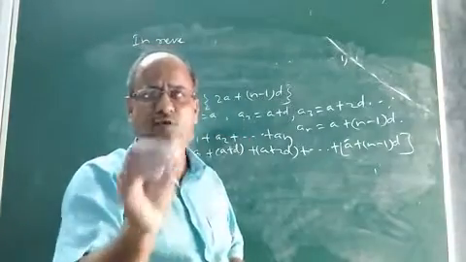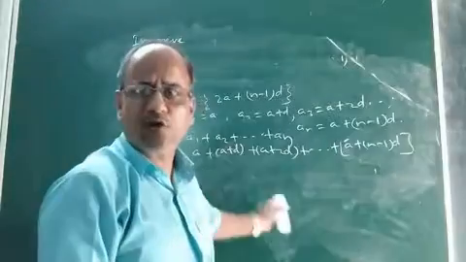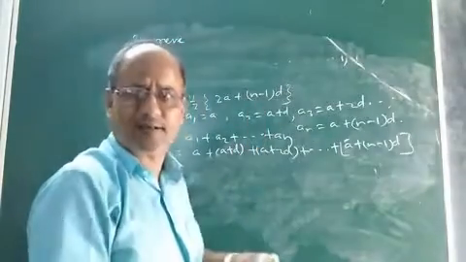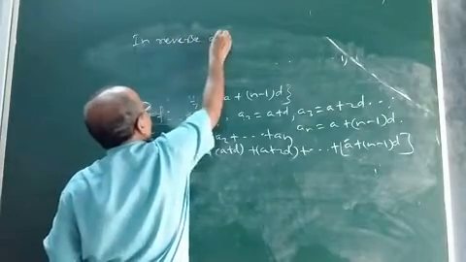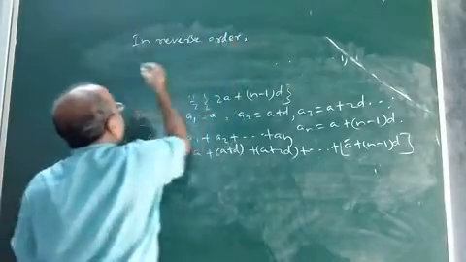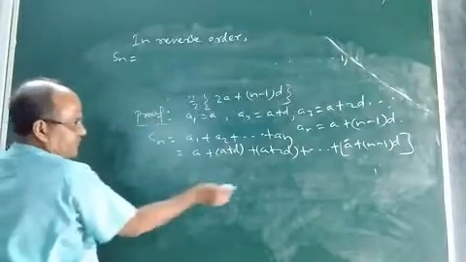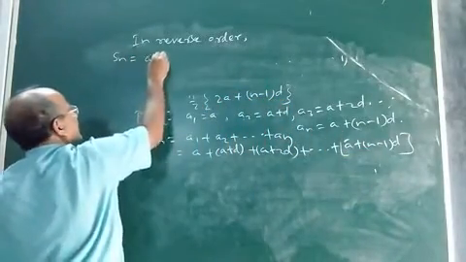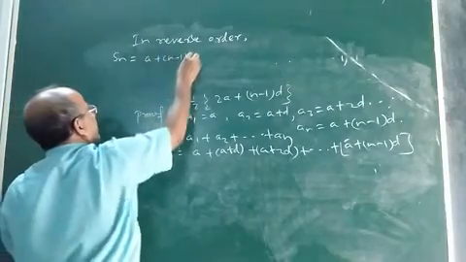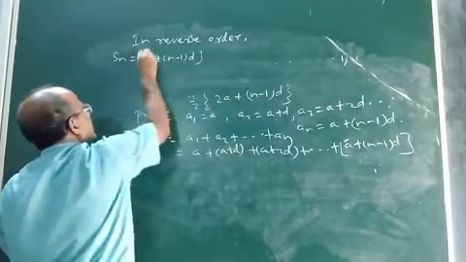If a sum is given as 2 plus 3, we can also write 3 plus 2. So writing this expression in reverse order, Sn can again be written with the first term as a plus n minus 1 into d.